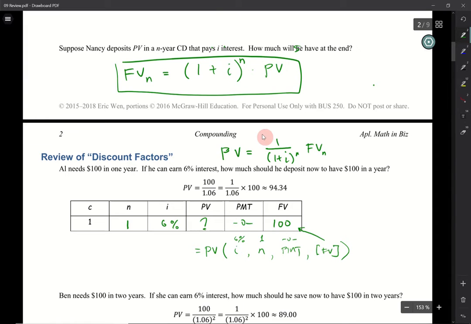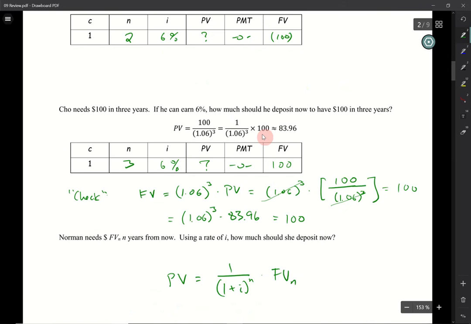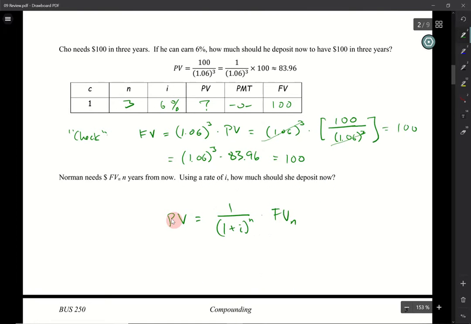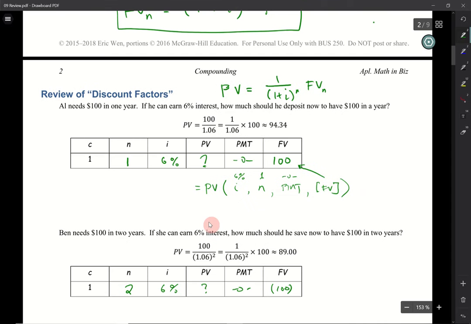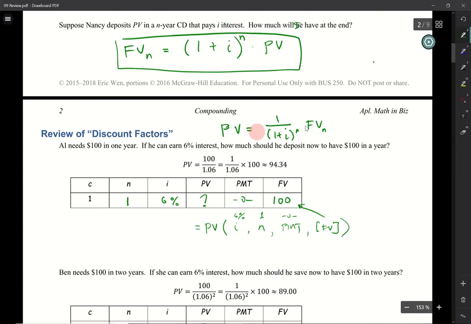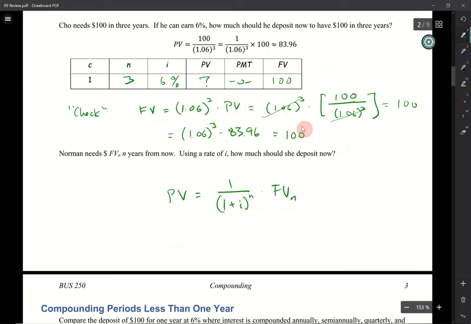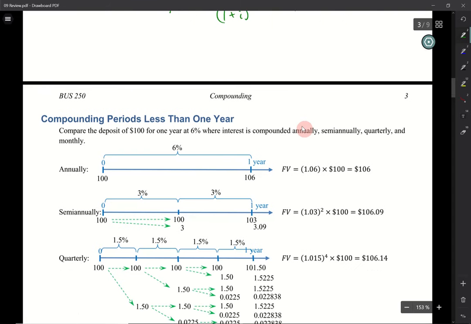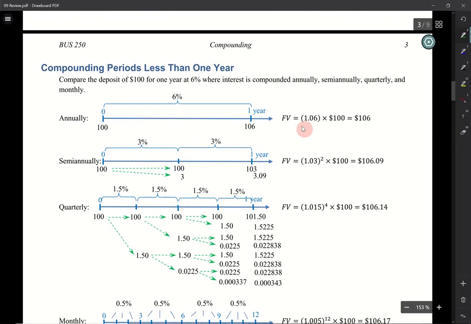Going backwards, you have this amount in the future, how do you get it back? They're really the same. If you remember this one, you can remember the other one. But of course, the calculator will handle all of that for you. Does that make sense? Just a bit of a review.